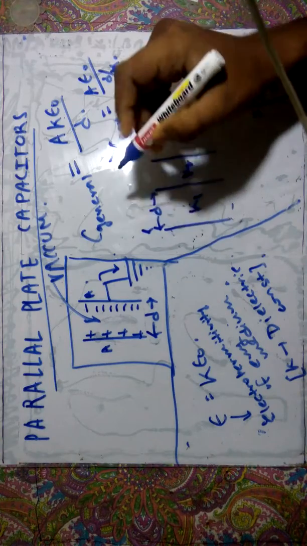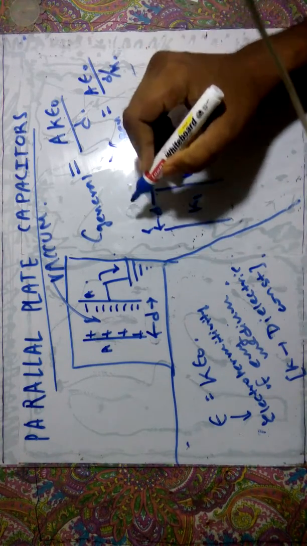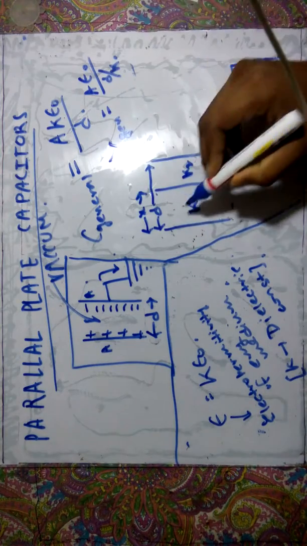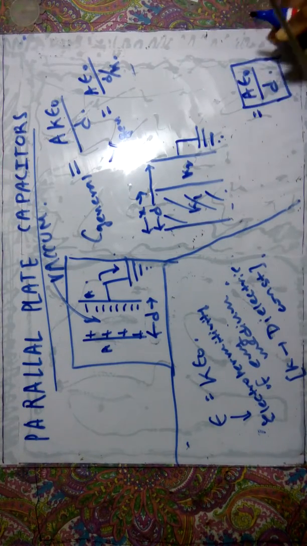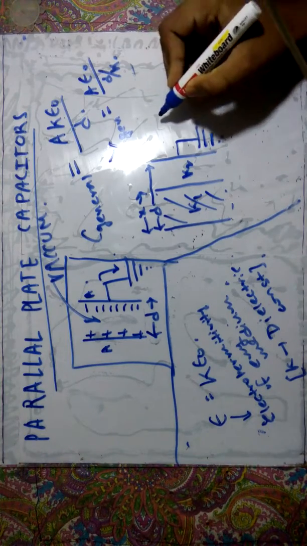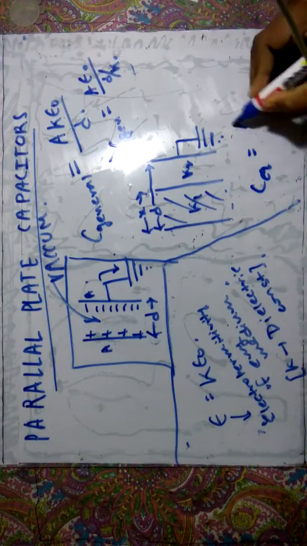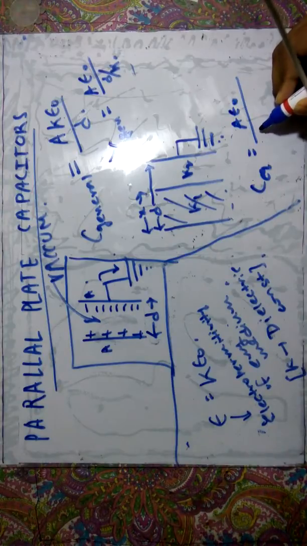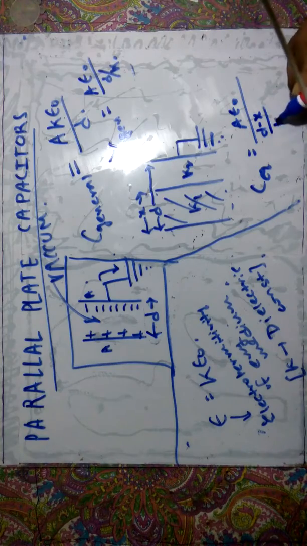Let's take this full region as D, and this part as X. Let's ground it, and the new equivalent capacitance will be C equal to A epsilon 0 by D minus X by K2, plus X by K1.